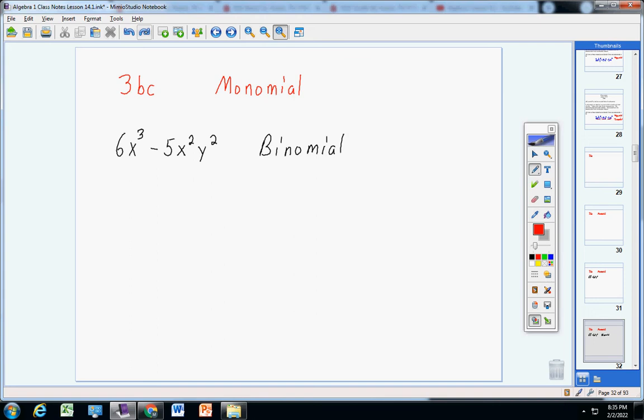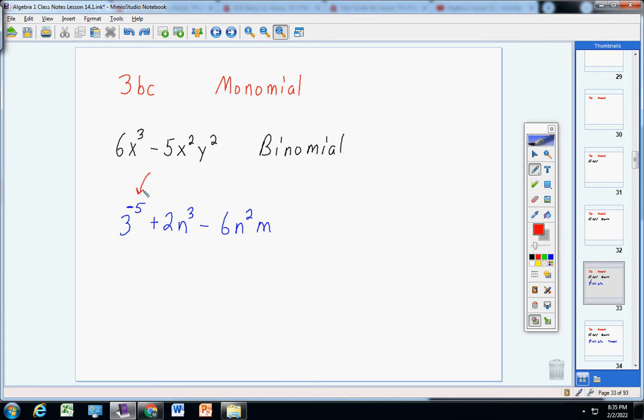All right. This is an example of a, hold on. Mr. Earhart, this is not a polynomial. We have a negative exponent here. Yes, you do, but remember, we don't care about numerical bases.